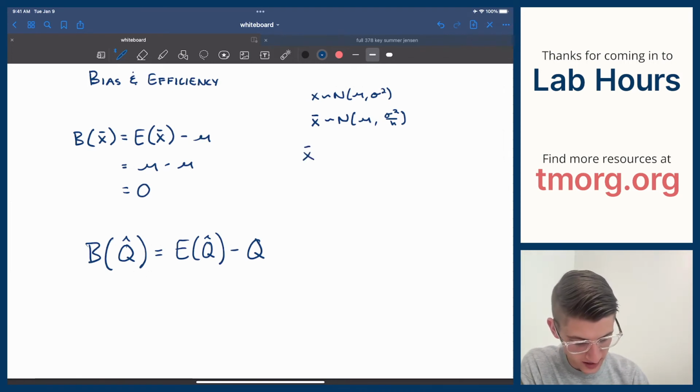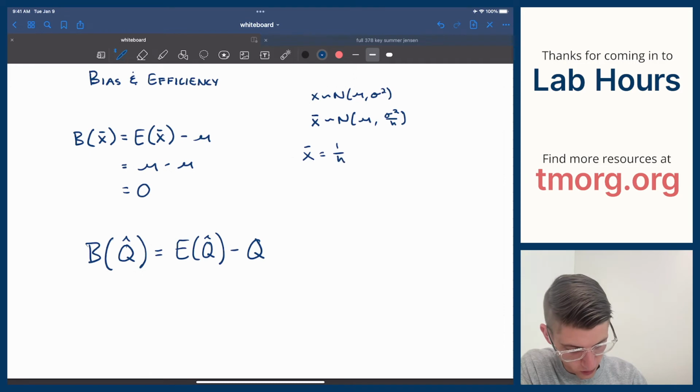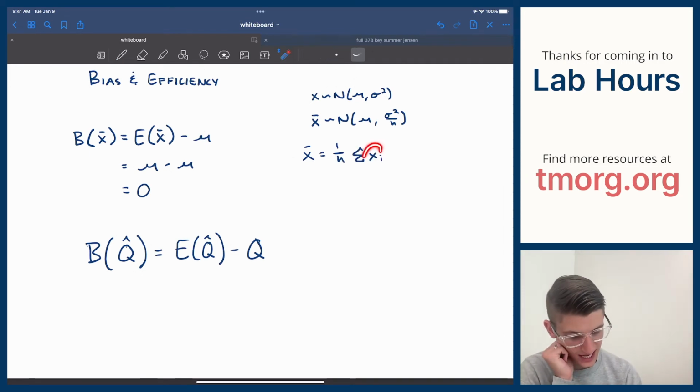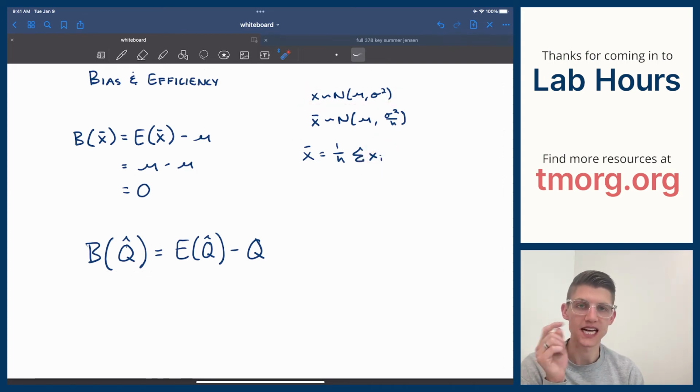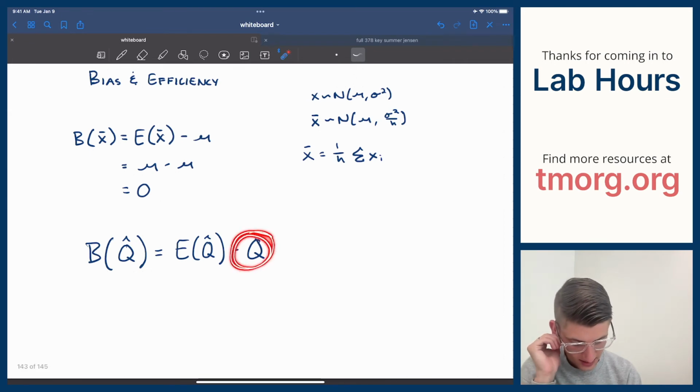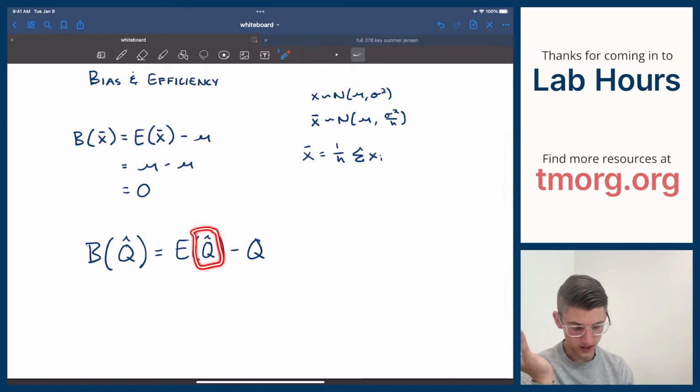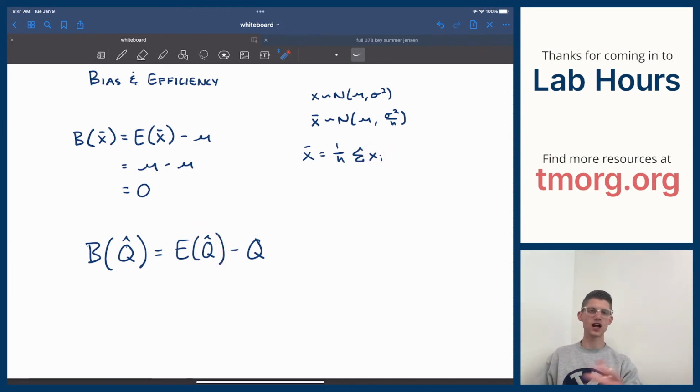X bar we saw was constructed as follows: 1 over n times the sum of xi, right? Each of these xi's is pulled from this x distribution that has some kind of true parameter that we can't see. In this case, q hat would be built with some form of qi in it. Maybe we're summing them, maybe we're subtracting all of them, who knows?